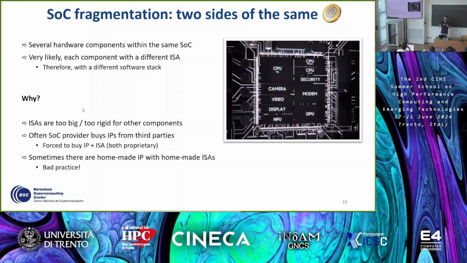So in the system on chip, you have several what are called IP, intellectual properties, that are several times coming from different companies. So if you open up one of these systems on chip nowadays, you can have several instruction sets in the same chip. That's crazy, right?